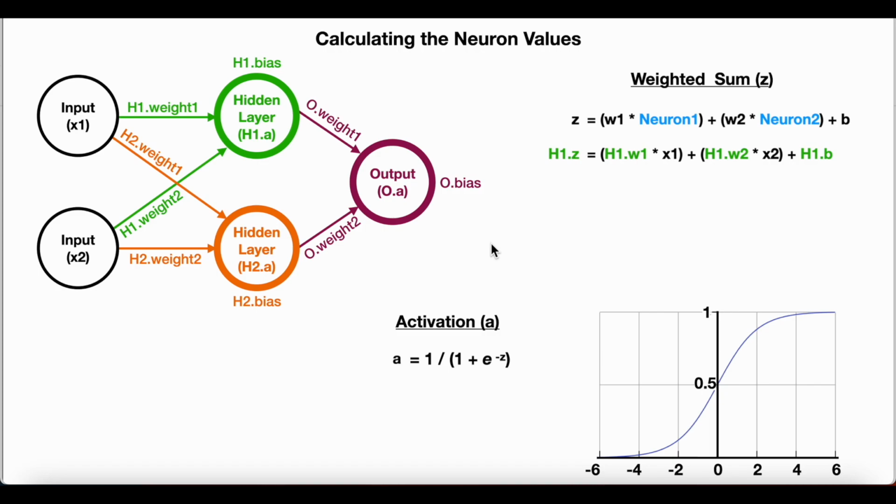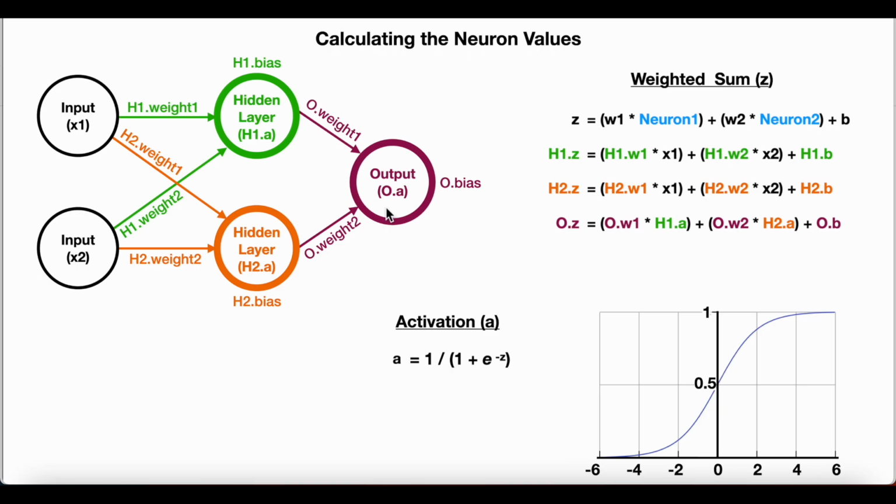So the first calculation is going to take h1 weight 1 times x1 plus h1 weight 2 times x2 plus the bias. Then we're going to take h2 weight 1 times x1 plus h2 weight 2 times x2 plus the bias. Then we're going to take the activation of h1a and h2a to calculate the output.